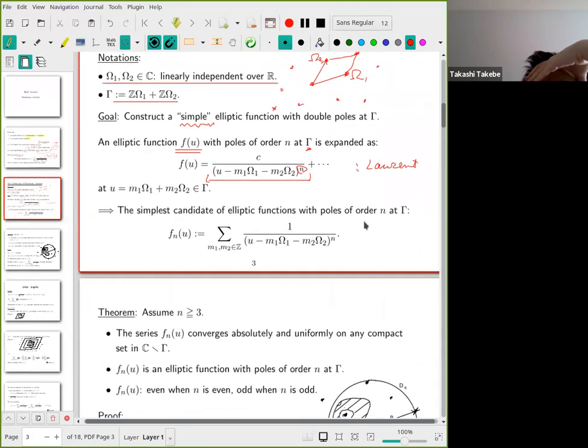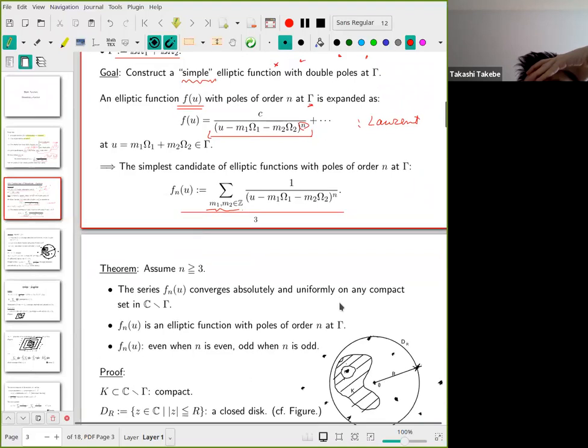So it might be expected that such a combination, or sum over all lattice points, is an elliptic function.